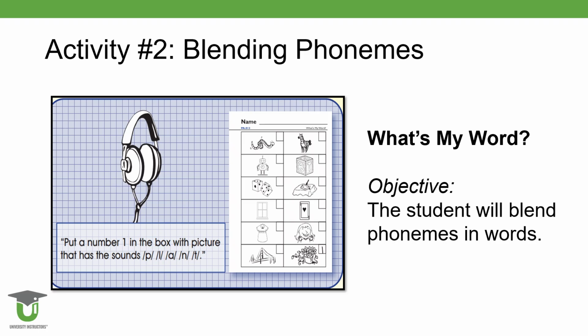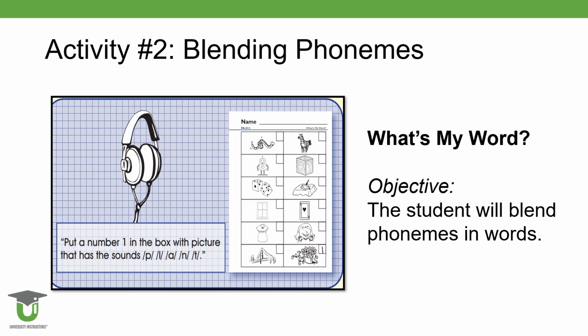Student listens to the media player, and after a word has been segmented, the student turns off the media player, blends the sounds together, and finds the picture of the word. The student will write the number 1 in the box next to the picture. Then the student would continue with the second word, would identify the word, locate the picture, and write number 2 in that box. This continues until all pictures are identified.